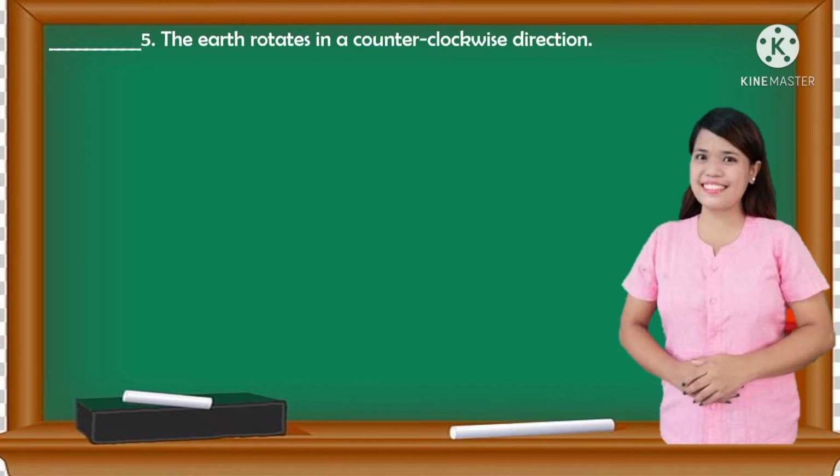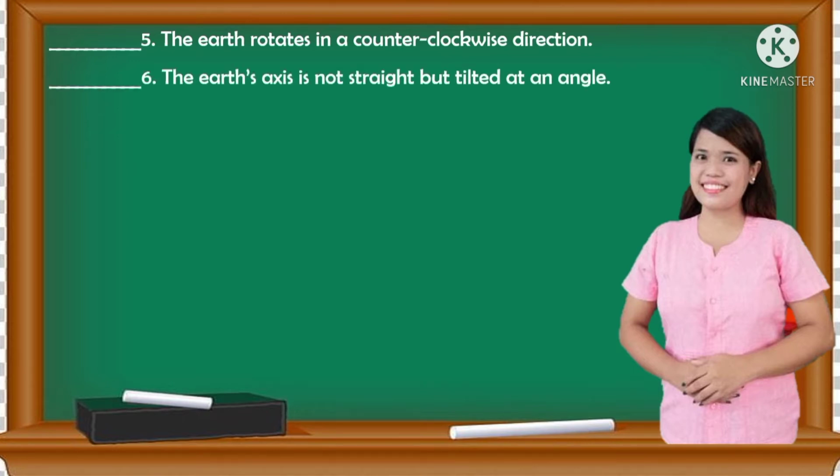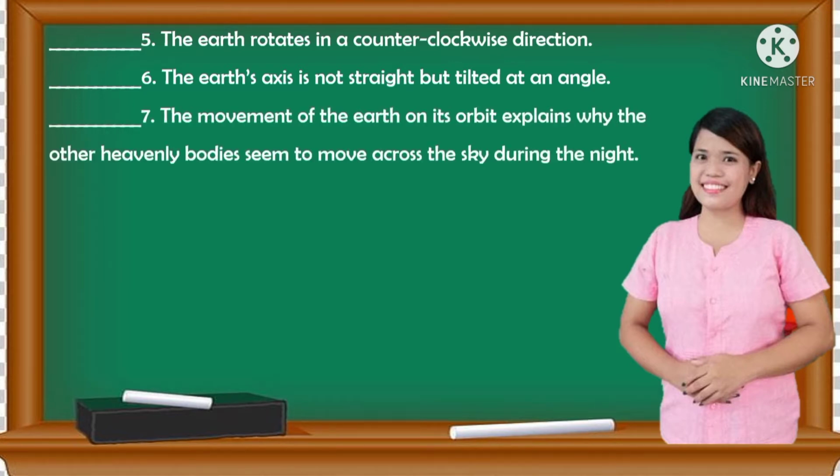The Earth rotates in a counterclockwise direction. 6. The Earth's axis is not straight but tilted at an angle. 7. The movement of the Earth on its orbit explains why the other heavenly bodies seem to move across the sky during the night.